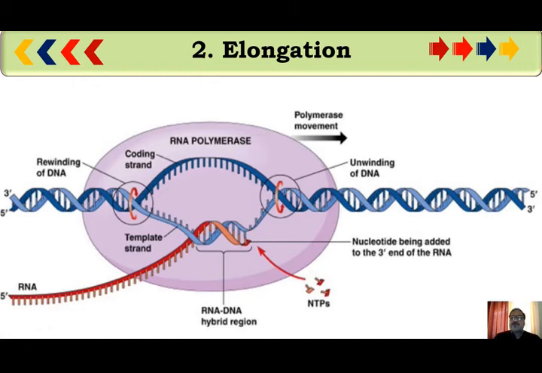The transcript is synthesized in the 5' to 3' direction. But because the chain must be anti-parallel for the base pairing, only the 3' to 5' template of the DNA can take part in the transcription.